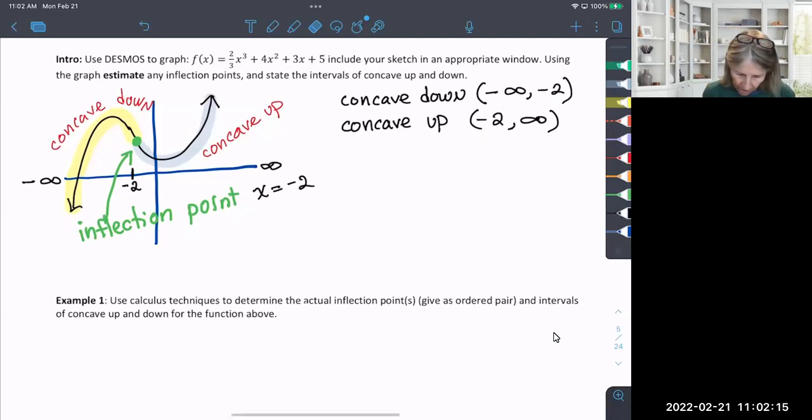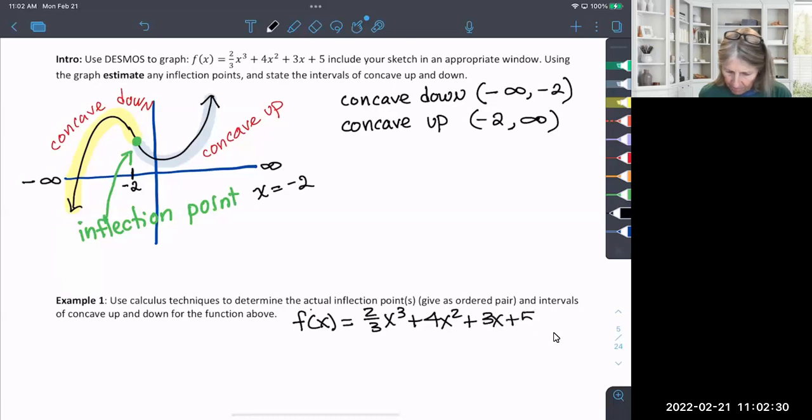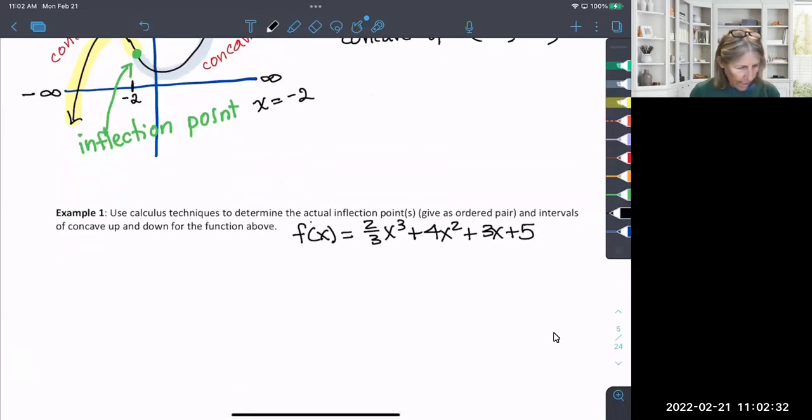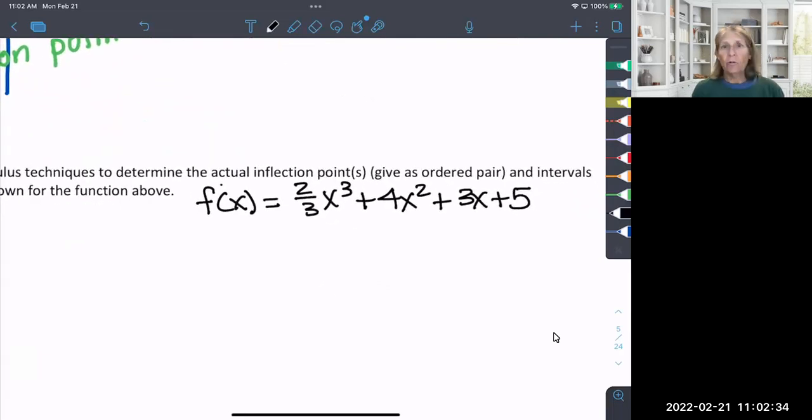So let's take our function, and we mentioned that if you're going to determine concavity, then you have to get the second derivative of your function. And so that's what we're going to do, is take this function and jump all the way to our second derivative. Okay, so to do that, we first have to get the first derivative.